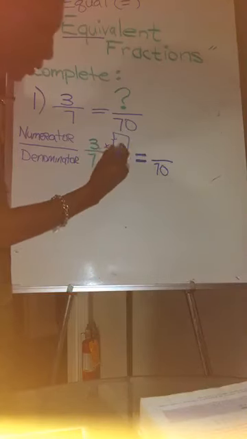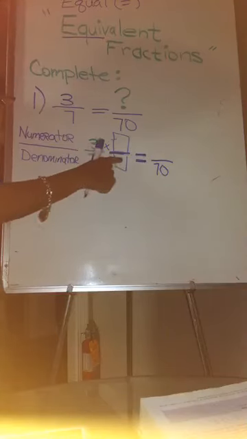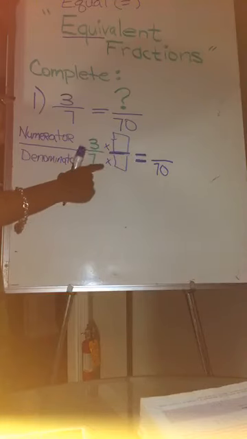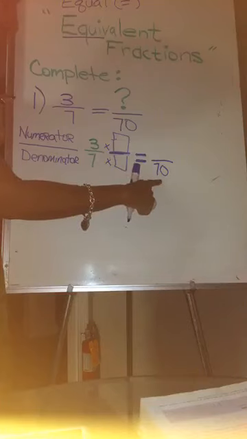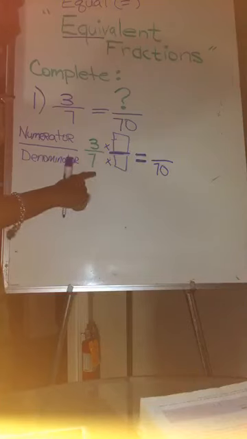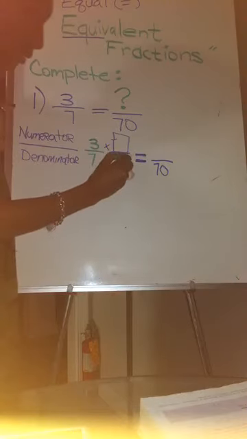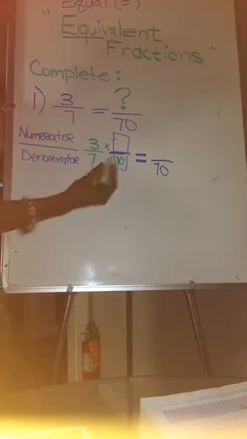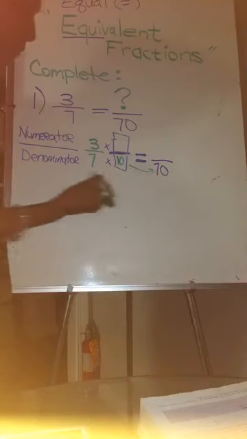All right, so we want to find the same multiplication that you use here, you must use in the numerator. So what times 7 will give me equal to 70? So 7 times 10 equals 70. Okay, so 7 times 10 equals 70.